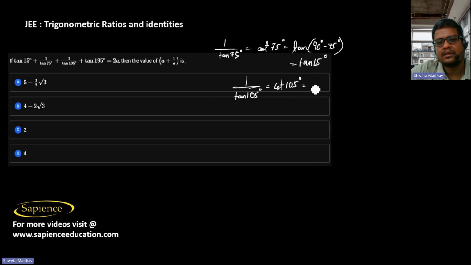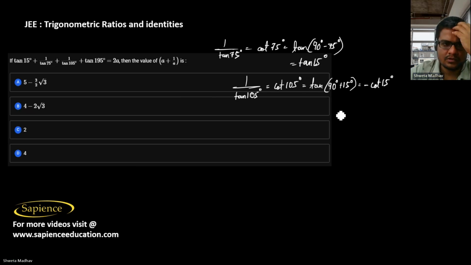Now cot 105 degree I can write as tan (90 plus 15 degree), which is minus cot 15 degree, since in the second quadrant tan is negative.